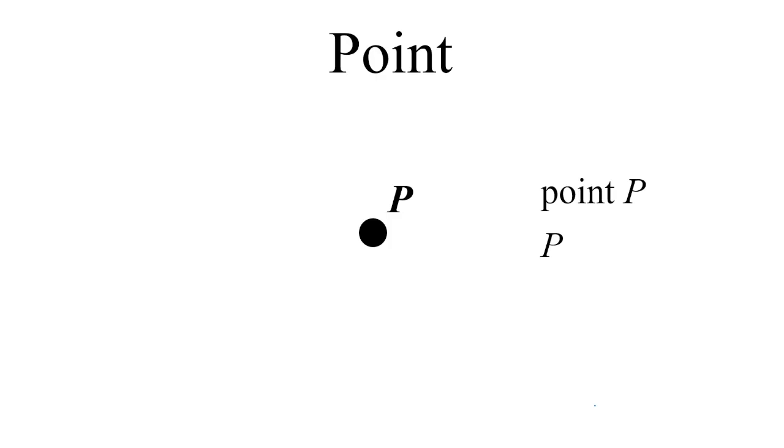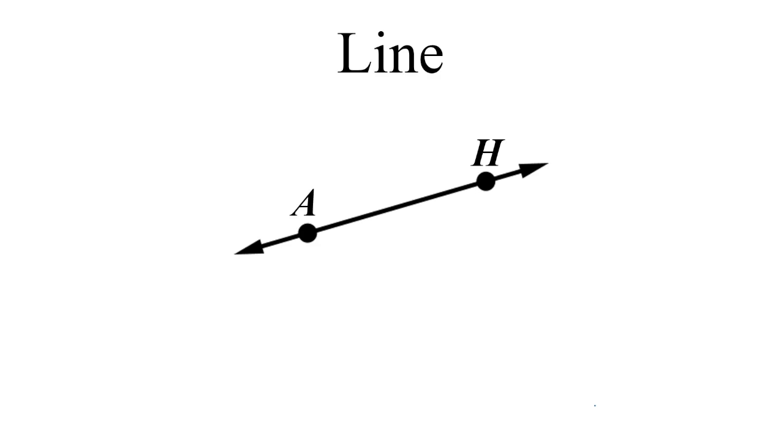Now, the other basic figures that I'm about to introduce to you are named after the points that are on them. And we start with the line. If you pay attention to the line, pay attention to the arrowheads. That tells you that the line has no beginning or an end.